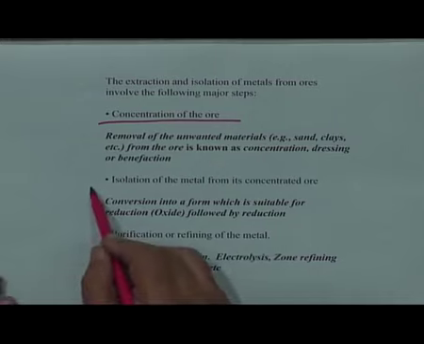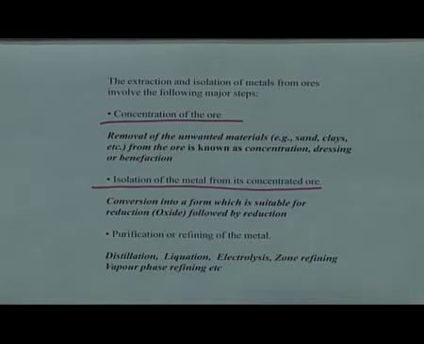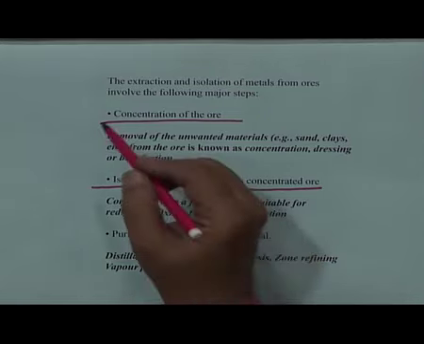The second thing is to isolate the metal from its concentrated form. That is the second step in all processes. First is concentration of the ore, second is isolation of the metal from its concentrated ore, and third is purification or refining of the metal. So, let us start with the concentration of the ore.